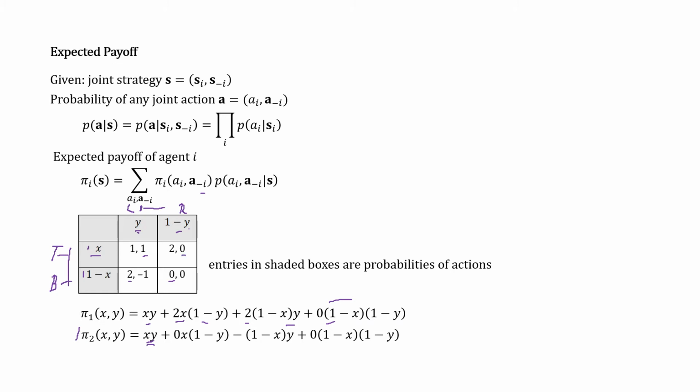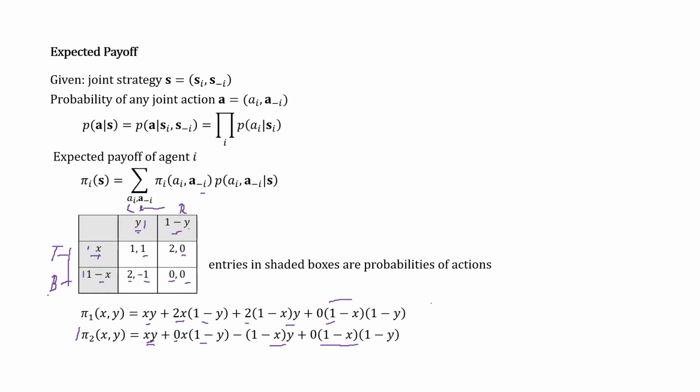For top right, the payoff is 0, and the probability is x(1 minus y), and it's -1 for bottom left, and the probability is (1 minus x)y, this term, and likewise 0 times (1 minus x)(1 minus y) for the last term.